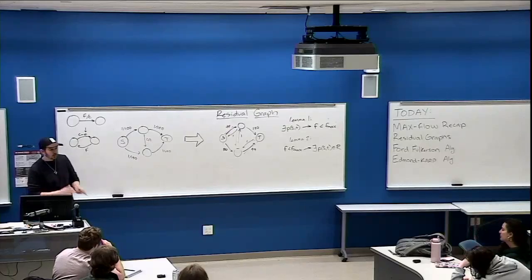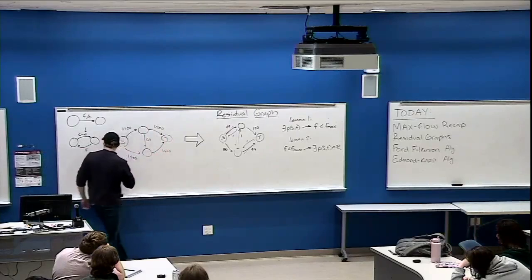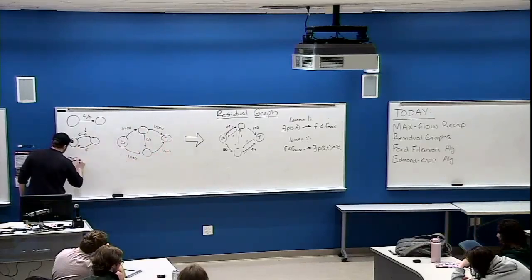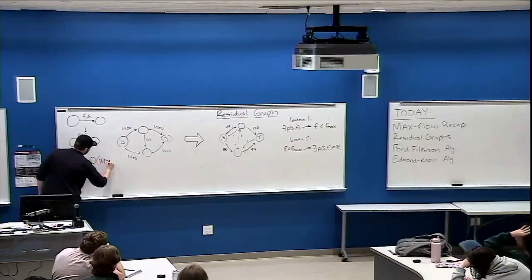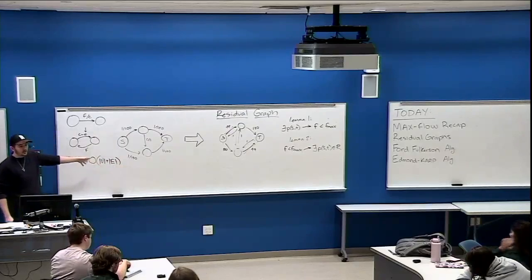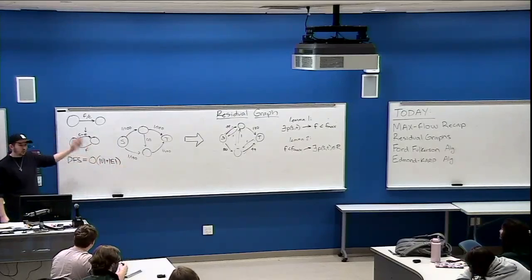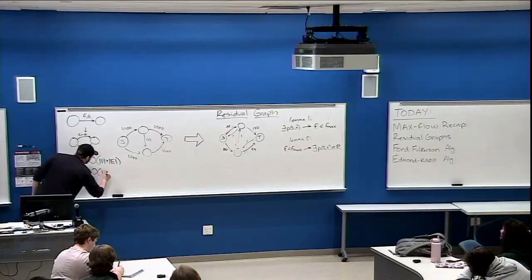So to find one of these paths, we'll say that DFS is going to take V plus E, which, because we know the edges are going to be equal or higher order to the V, we actually say that this is going to be order E.